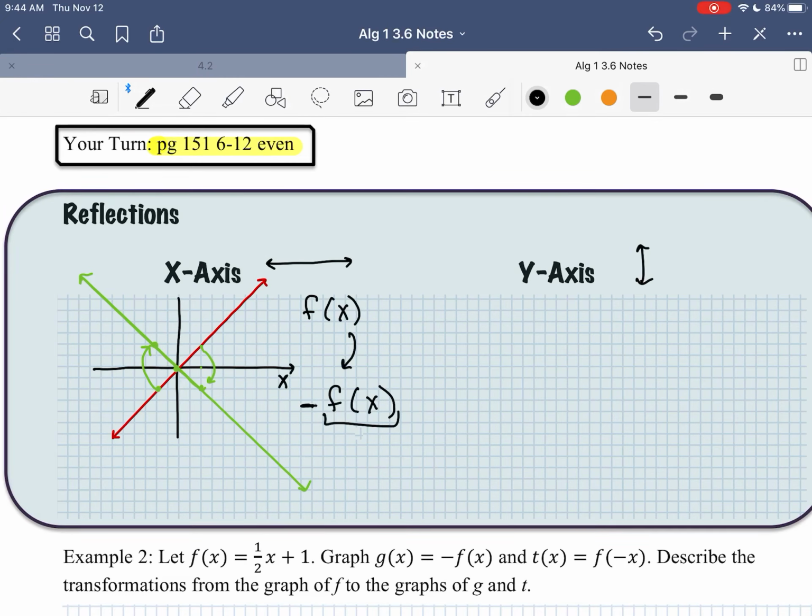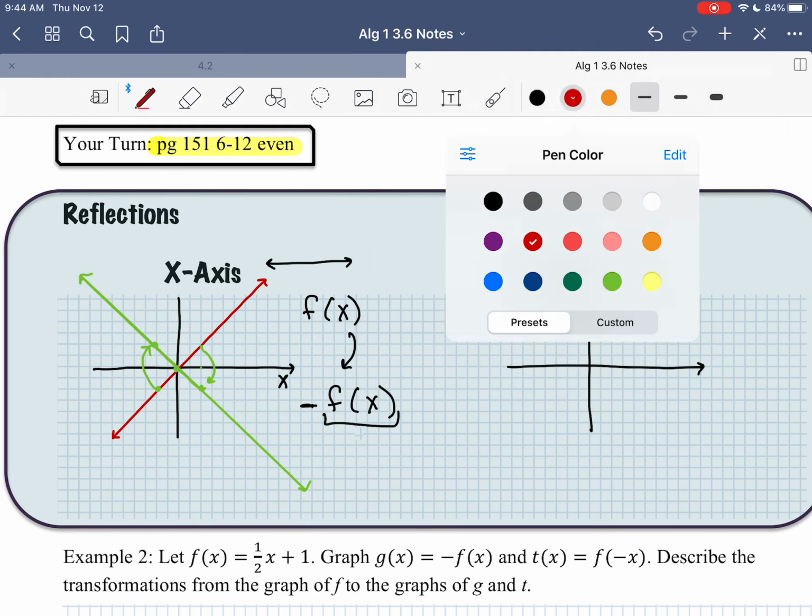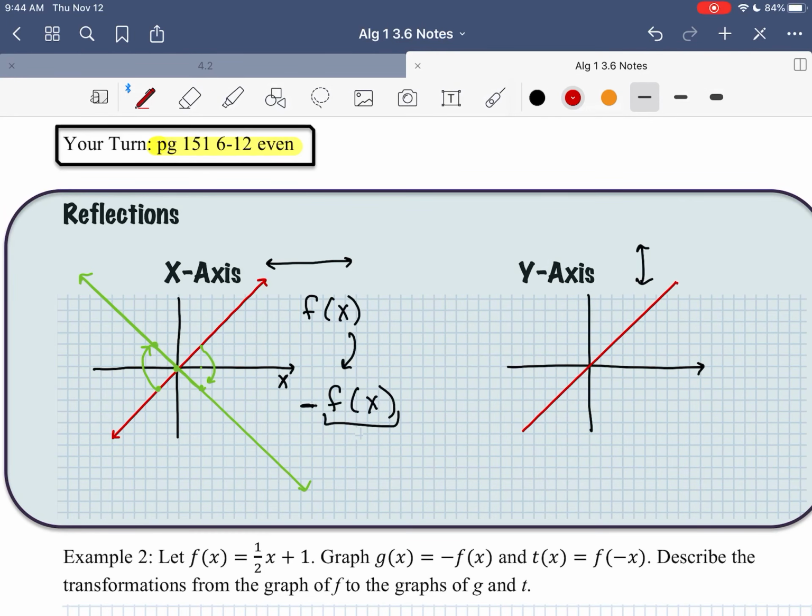All right, so now a y-axis reflection. Again, we start with our parent. You can start with any parent; we just tend to start with the most basic parent. Now we're going to flip this guy over the y-axis. My y-axis is right here. It's going to take this point and flip it over here.